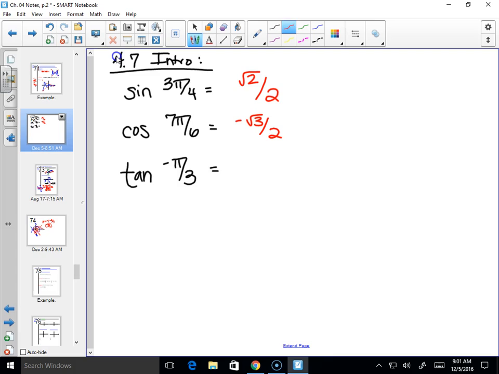I'm going to draw this one out just for sake of illustration. You guys get these as 60? Does that help? So square root of 3 over 3, 1, square root of 3, but in the fourth quadrant, so negative.